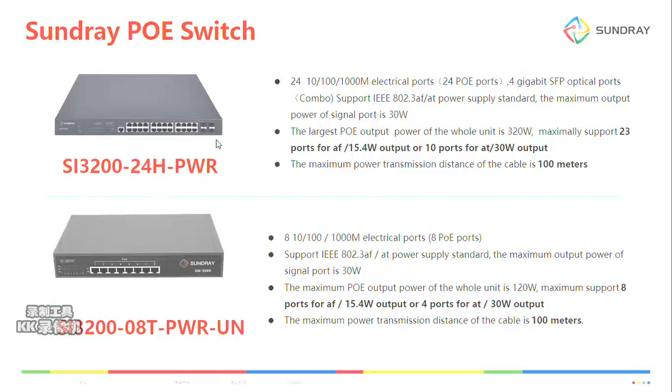The 24-port one has 4 combo ports for fiber connections, and both of them support AF/AT auto power supply. The maximum power supply of these 24 ports is 320 watts, and we support 23 ports for AF power supply and 10 ports for AT power supply.